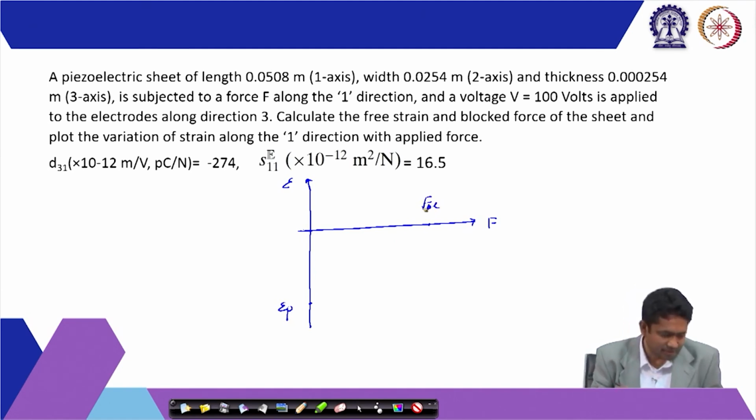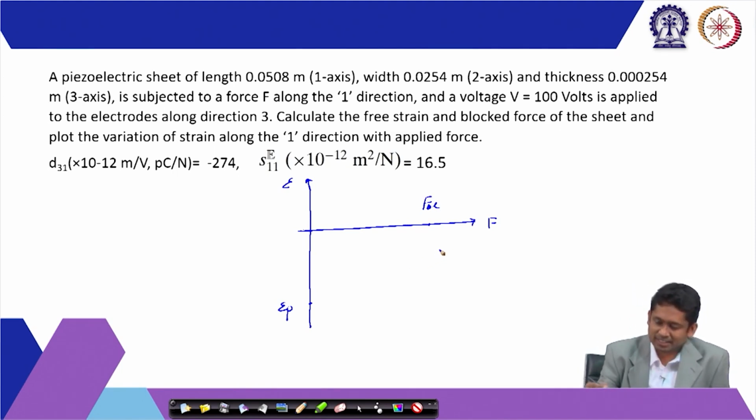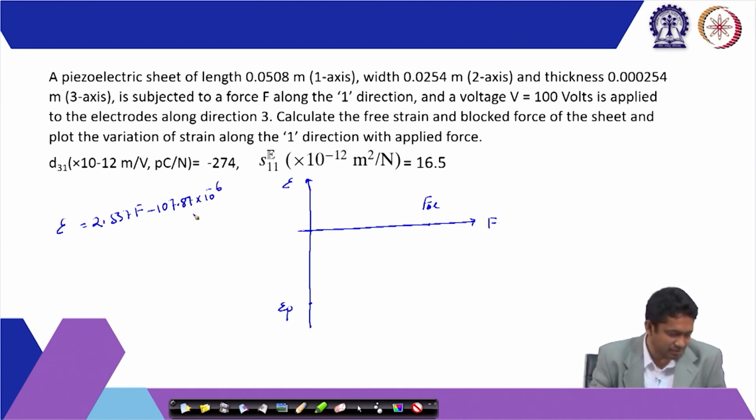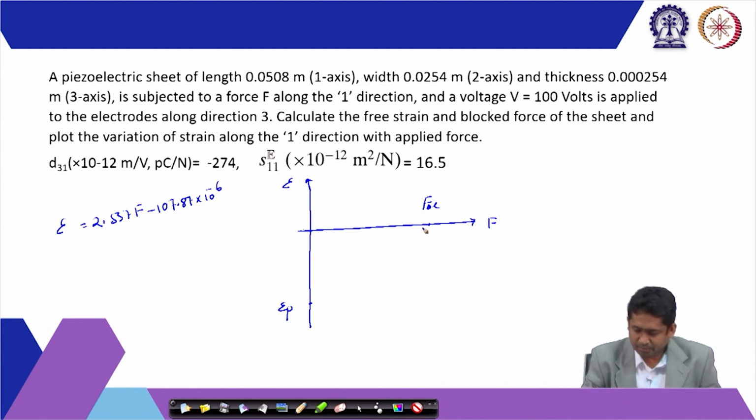FBL. Actually, when we have the block force known and the free strain known, as we saw before, for this kind of actuators which is linear, we can fit a straight line to it. The straight line equation would look like this. If we follow the procedure that we saw previously while discussing actuator load line, this becomes our straight line for this case.